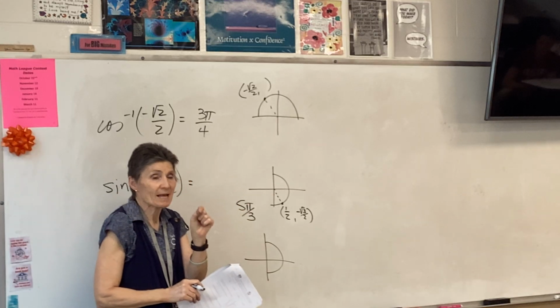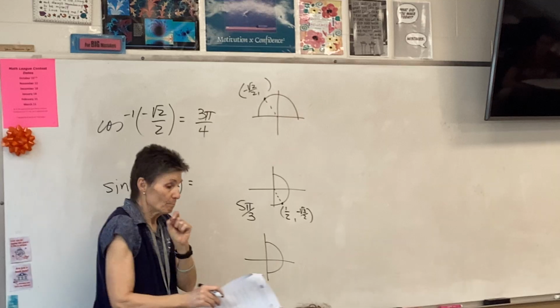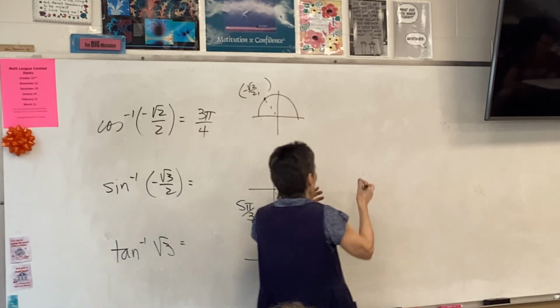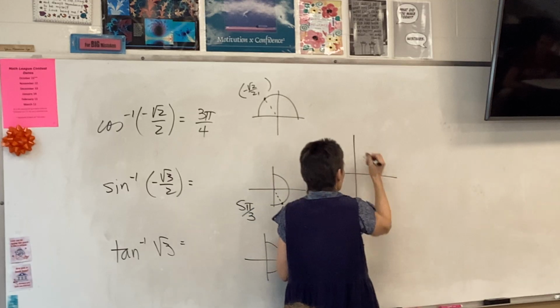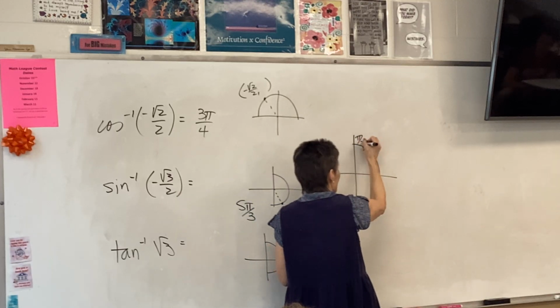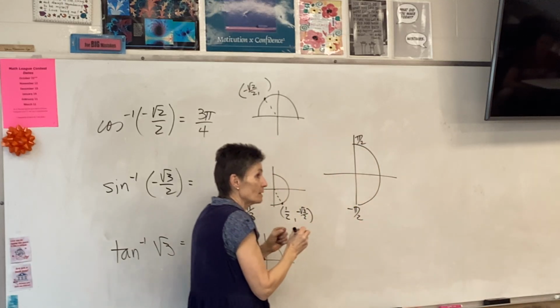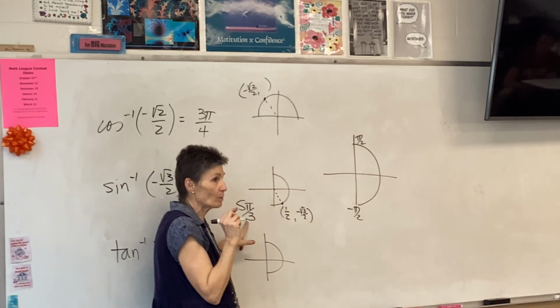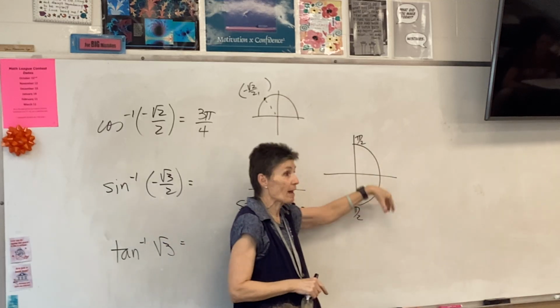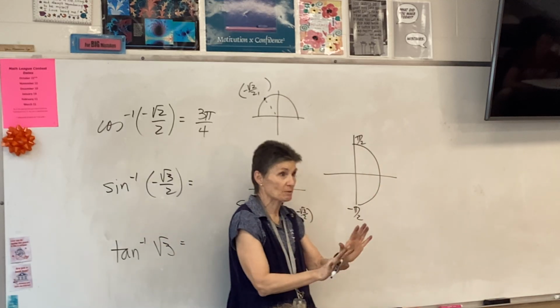The problem is I can't name it that way, because what is my range? All my answers have to be between negative pi over 2 and pi over 2. Is that number in between those? Now, I didn't ask, is that angle located on that part of the circle? It is, absolutely.